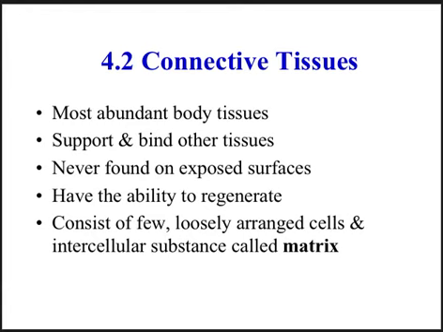The matrix is what provides the tissue its function. It's often composed of water, of proteins, of sugars, and it also usually has an ample blood supply depending on the connective tissue type. And it's often populated by immune cells, which are our defense against disease.